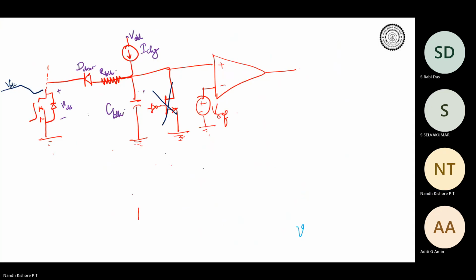Okay. So during that time, right, again, this DSAT, the diode is going to be reverse biased, right? Diode will be reverse biased. So there is no direct connection as such. So then what would happen if I can draw the equivalent circuit?